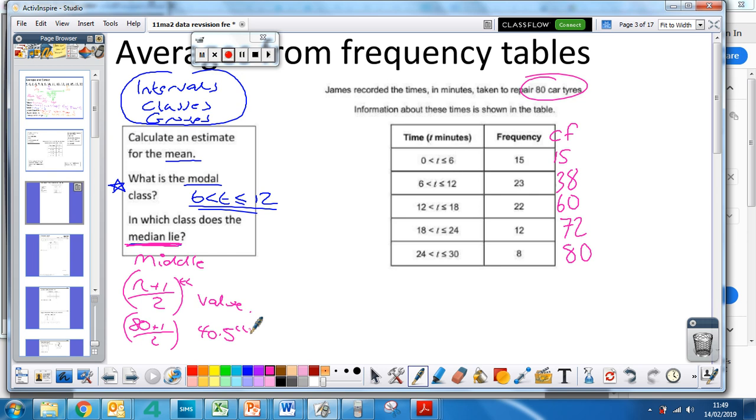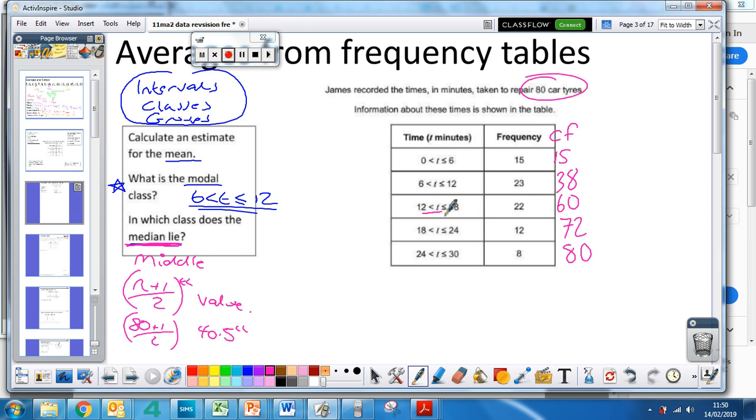Look across here, there's 15 in the first group. By the time you get to the end of the second group, you've got to the 38th value. Into the next group, you've got all the values up to the 60th. So we're looking for the 40th and the 41st, and they sit within this group, past the 38th, but before the 60th.